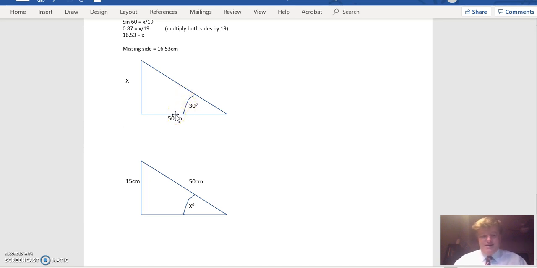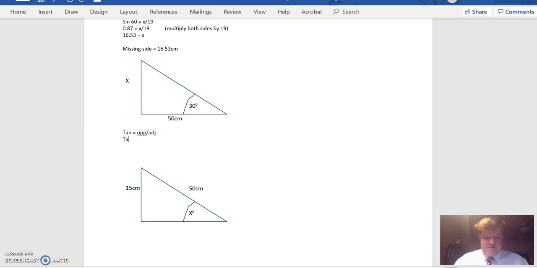Cosine is the side adjacent divided by hypotenuse. Tan is the side opposite divided by adjacent. So the tan of 30 is going to equal opposite divided by adjacent. So write down our rule, then substitute in what we know. Tan of 30 is going to equal x divided by 50.